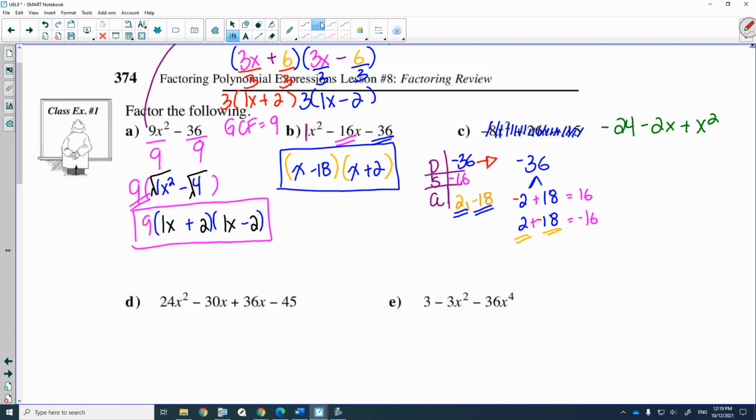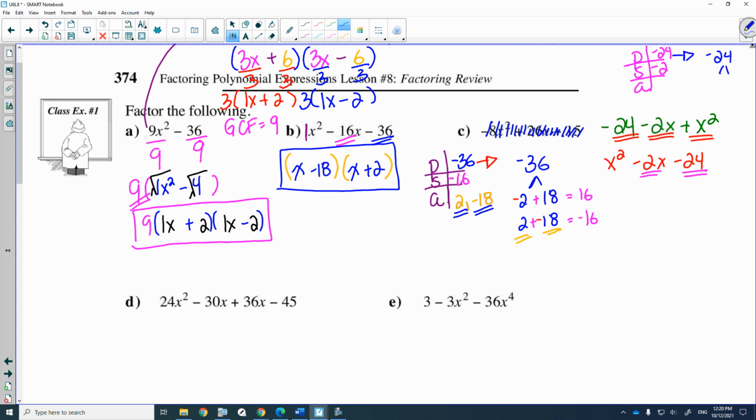So you would rewrite this. You'd write x squared first, then you'd write minus 2x, then minus 24. From here, you'd say, oh, this is a PSA 1, this is an inspection question. And you'd set up your chart. What gives you a product of negative 24 and a sum of negative 2?